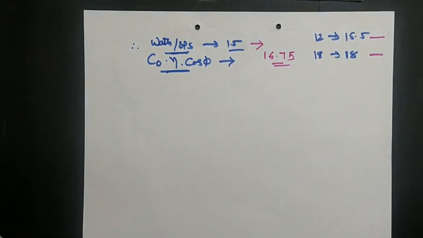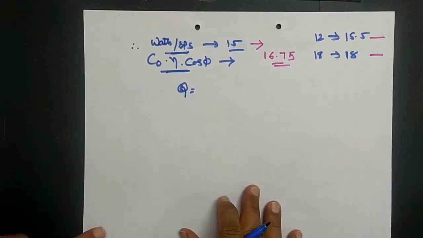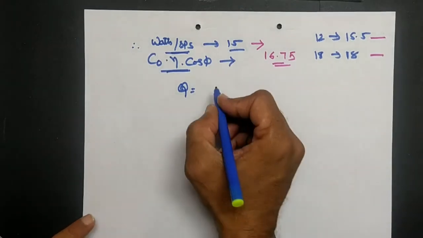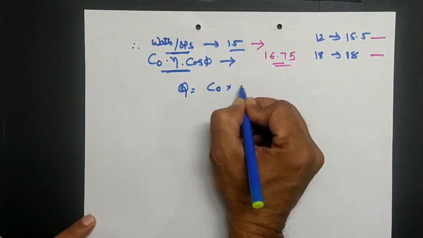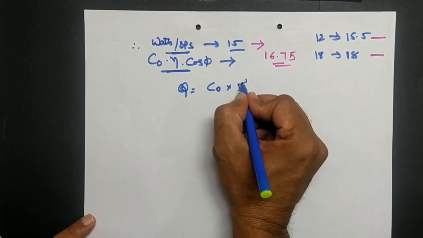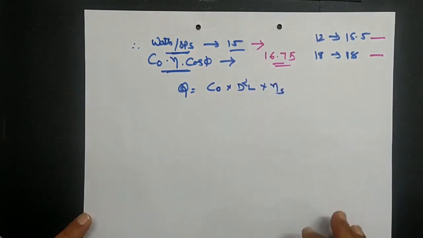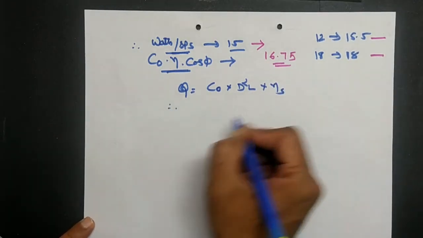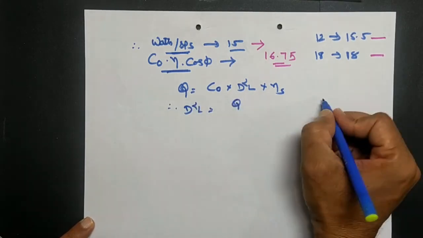Now we have the output equation. Q is equal to C0 multiplied by d square L and multiplied by Ns. Therefore d square L is Q divided by C0 and Ns.